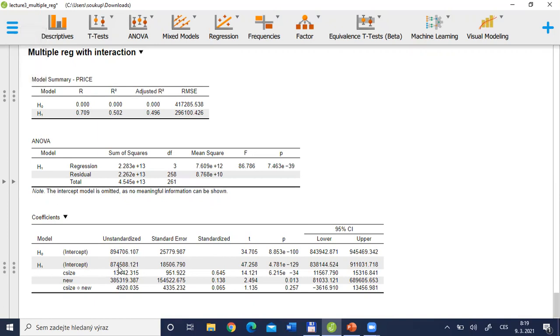Once again, let's go back to previous lectures, and we discussed, I hope repeatedly, that the intercept is the value for those units that have zeros for the rest of the variables. So which flat is described by zeros for C size, new, and C size multiplied by new?